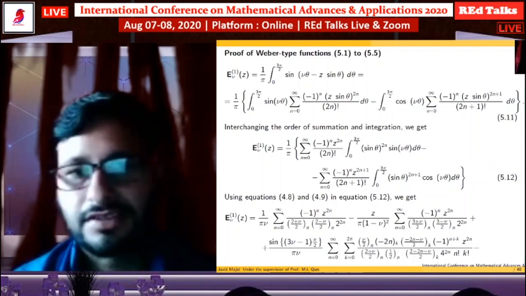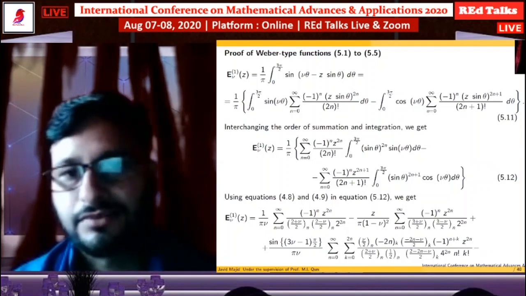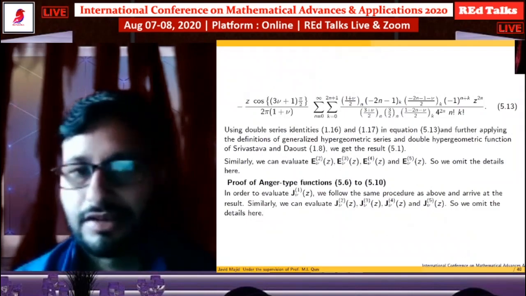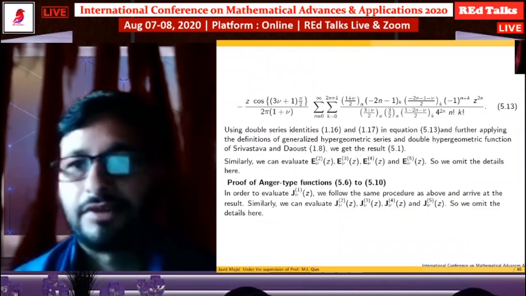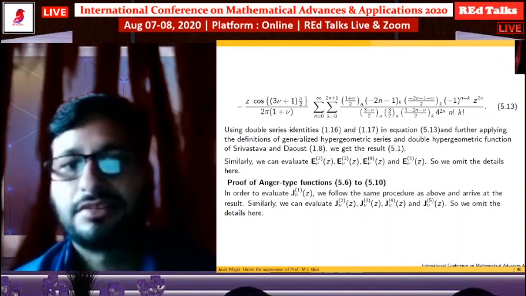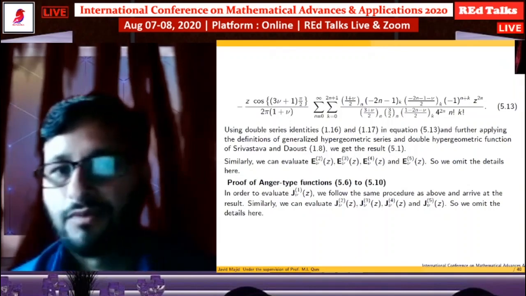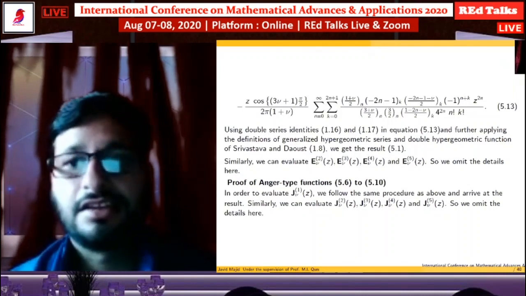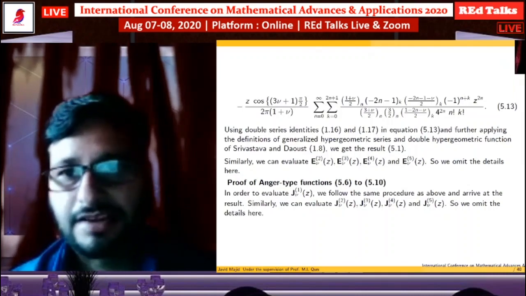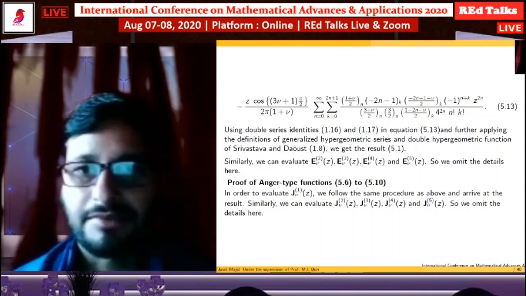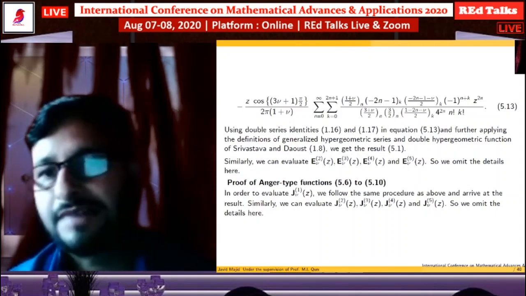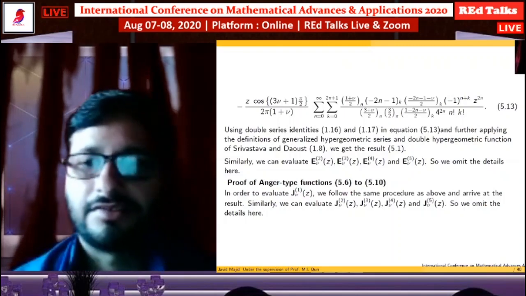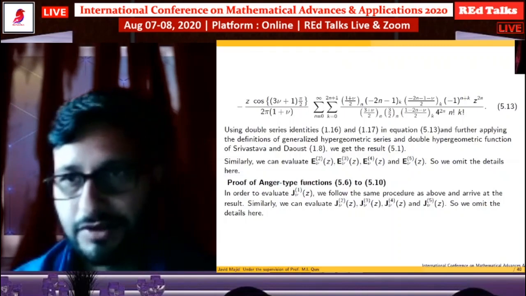And after using equations 4.8 and 4.9, the already evaluated integrals, in equation 5.12, we get 5.13. And after using the double series identities given by Cauchy, 1.16 and 1.17, in equation 5.13, and further applying the definition of the generalized hypergeometric function and double hypergeometric function given by Srivastava and Daoust in equation 1.8, we get the result 5.1.